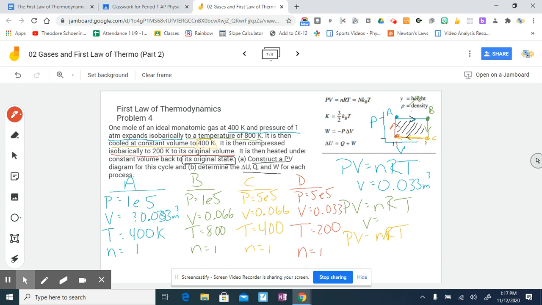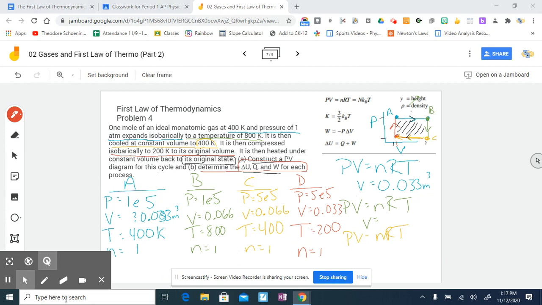So what we've now done is we've figured out all of the values that we needed that we can take over to the next part of this. Because right now, all we did was use the gas laws. The thing that we've got to do now is calculate these values for each particular part. Now I'm going to need to go to the snip tool real quick because I want to carry some of these numbers over.